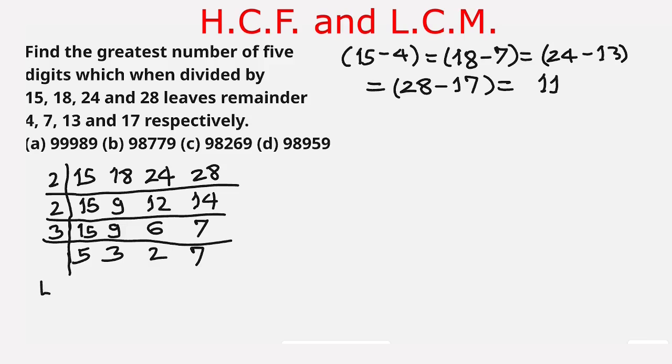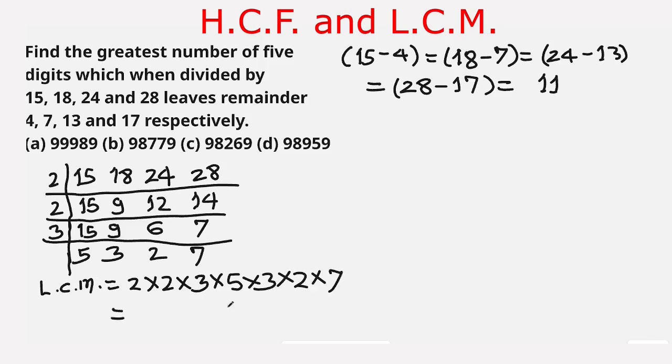So our LCM is 2 multiplied by 2 multiplied by 3 multiplied by 5 multiplied by 3 multiplied by 2 multiplied by 7. We have a 5 and a 2, that will make 10.